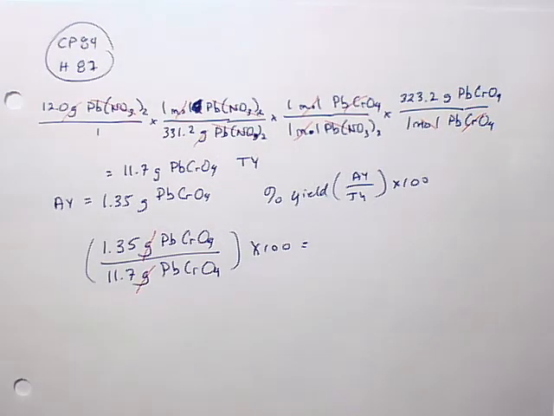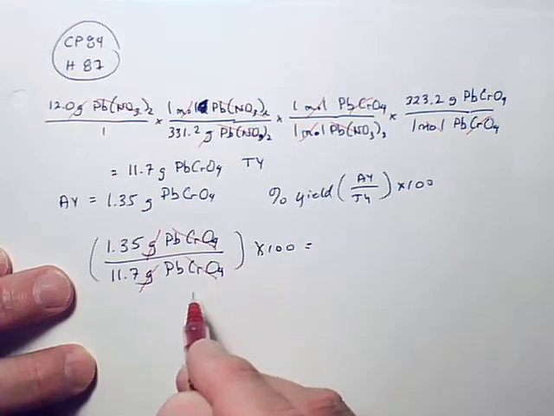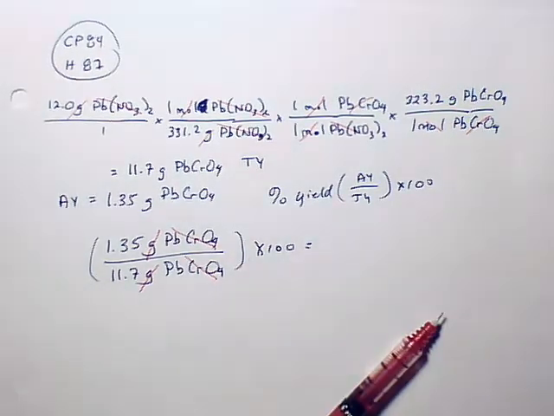Percents should have matching units top and bottom. If they're not, you need to make sure they do match before you do the math, or at least justify the reason for calculating it that way. In this case, the units, the species, cancel as well.